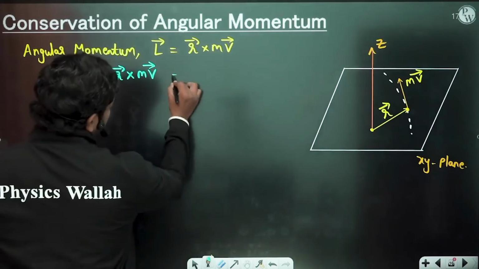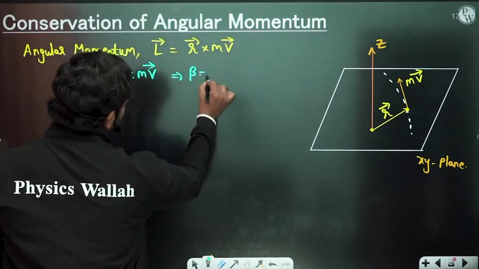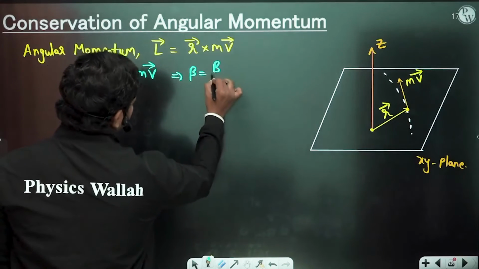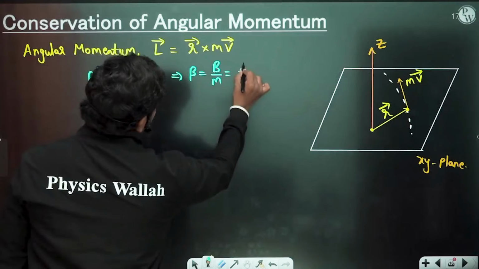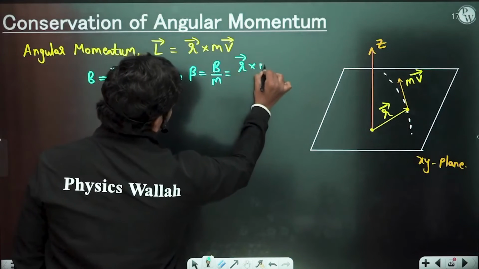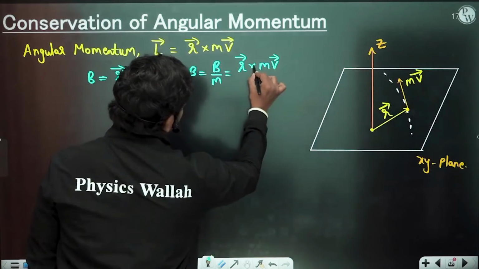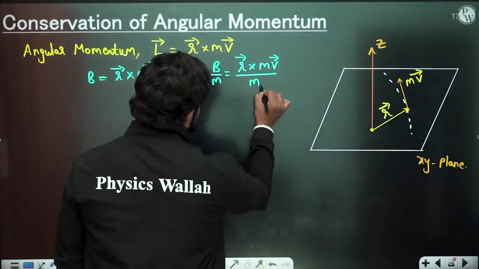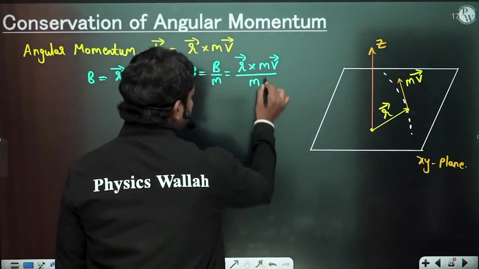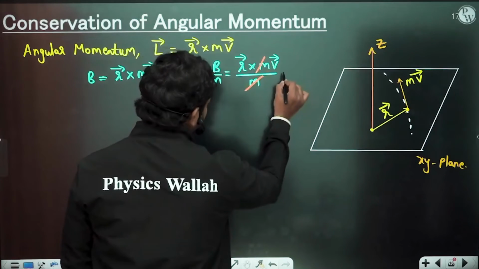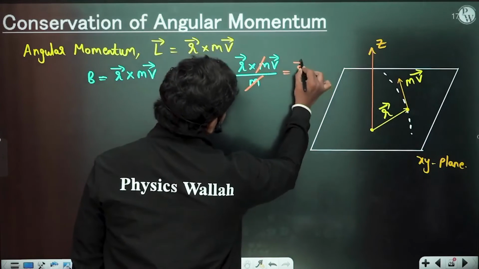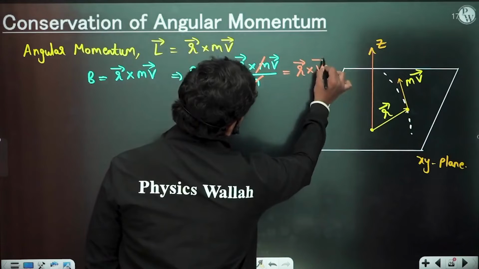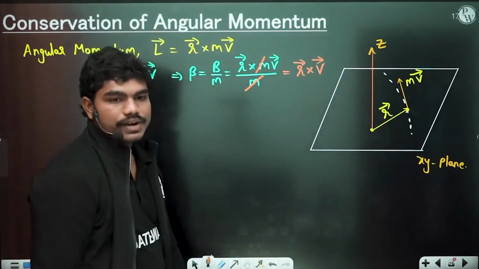So this implies beta, which is B by m, gives you r bar cross the momentum vector divided by mass. If you simplify this, mass and mass get cancelled. So beta is equal to r bar cross v bar. This is the vector which we have.